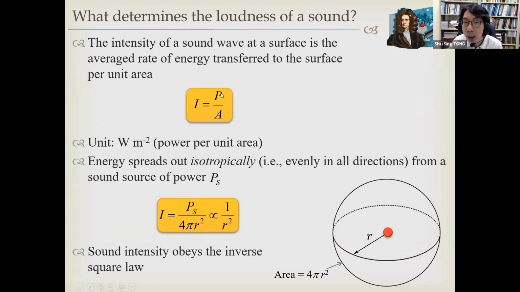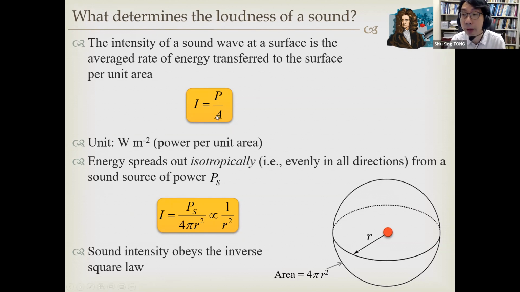If you have a sound source that gives out sound waves in different directions, presumably evenly in all directions, then the loudness of a sound can be obtained by dividing the power produced by the sound wave by the area of the reception at a certain distance from the source.